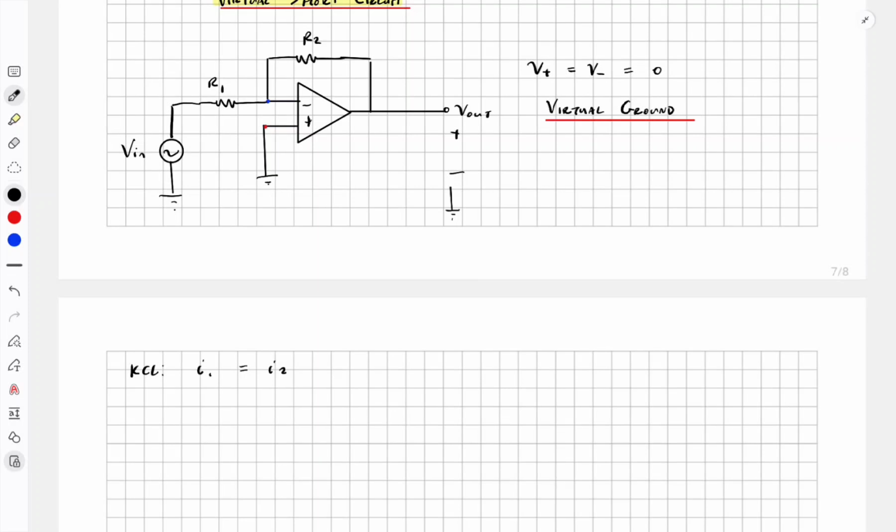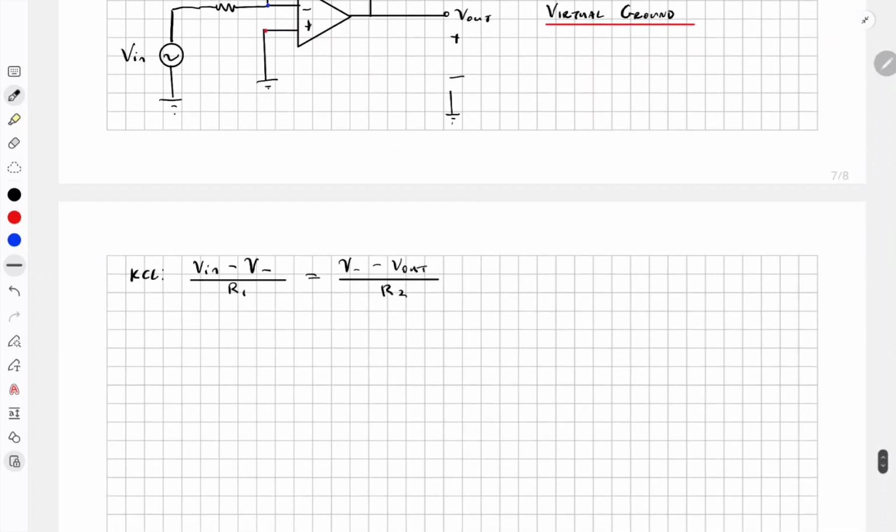So in the KCL, we can say V in minus V minus, divided by R1, is equal to V minus minus V out, divided by R2.